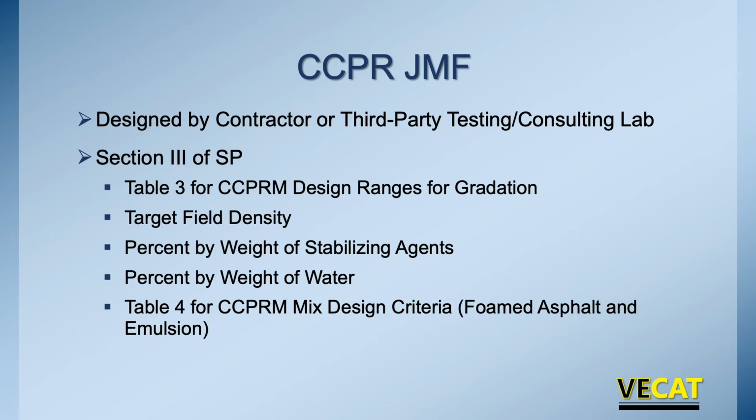Percentage by weight of the stabilizing agents. Is it foamed asphalt? Is it emulsified asphalt? What is being used? Percent of water, or weight of water. They have to add a little bit of moisture to these millings, this process RAP, maybe this virgin aggregate, to help with compaction.